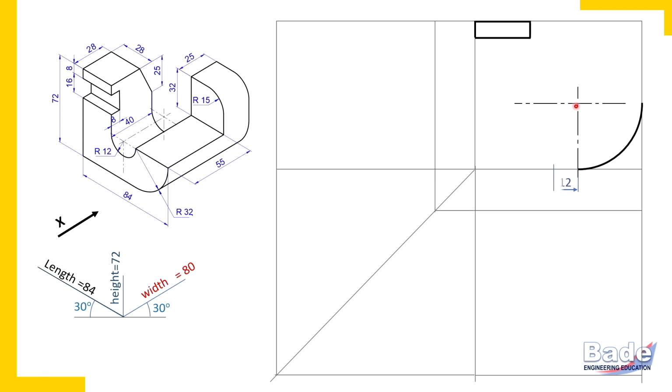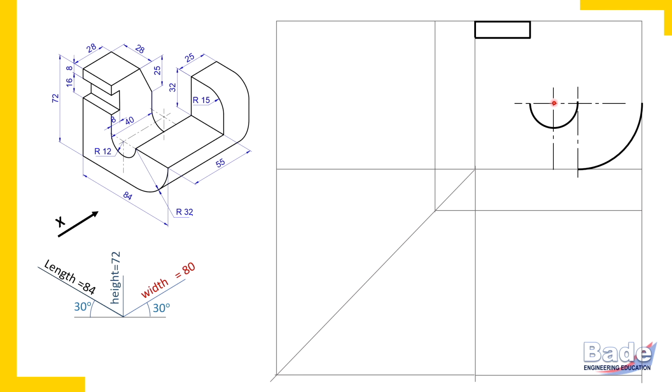Now measure 12 millimeters to locate the center. So now here is the center of that semicircular edge. The radius of this semicircular edge is 12 millimeters. So use this center and draw the semicircular edge of radius 12 millimeters.